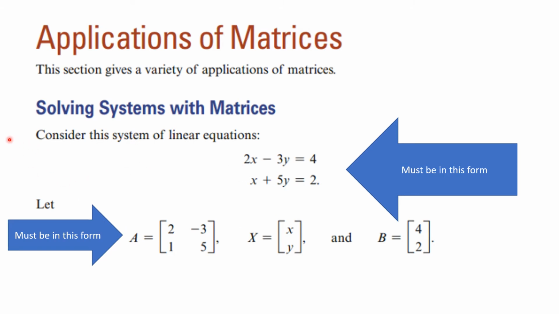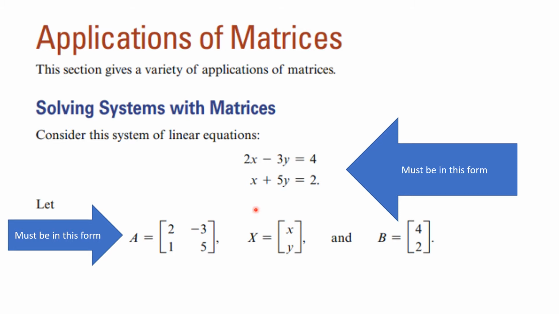So here are some definitions. Consider this system of linear equations: 2x minus 3y equals 4 and x plus 5y equals 2. Now, your system of equations has to be in this form. That means you have to have all your variables on the left-hand side of the equal sign. They must be in the same order.